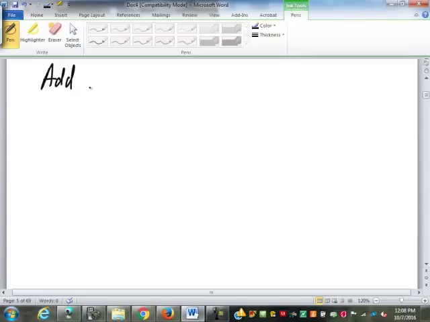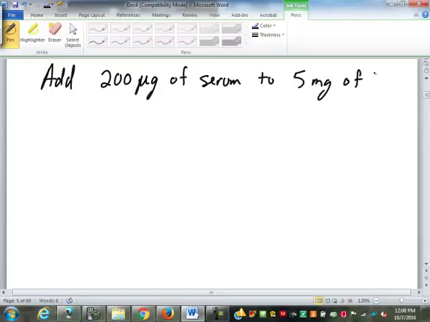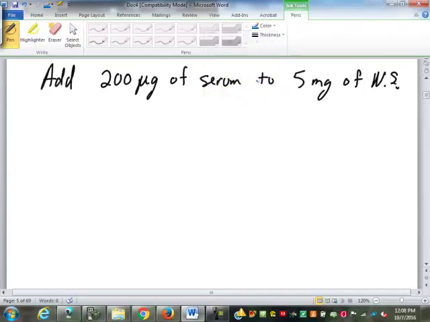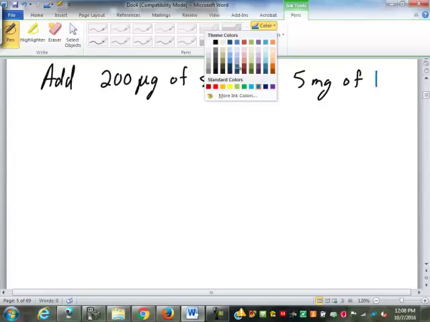So if we add 200 micrograms of serum to 5 milligrams of total solution, we'll make it simple on us here for now.